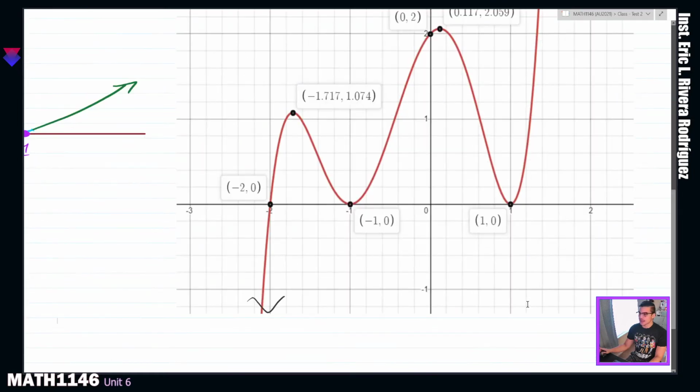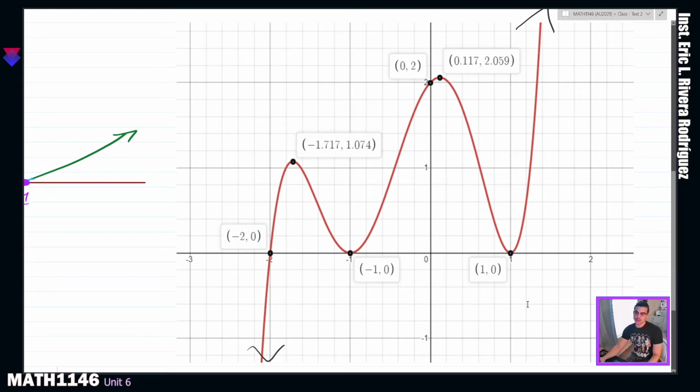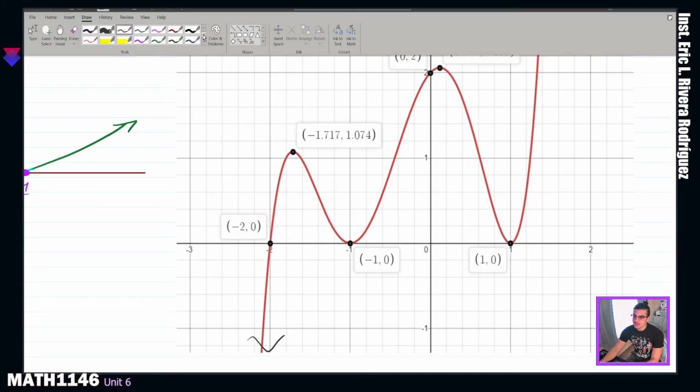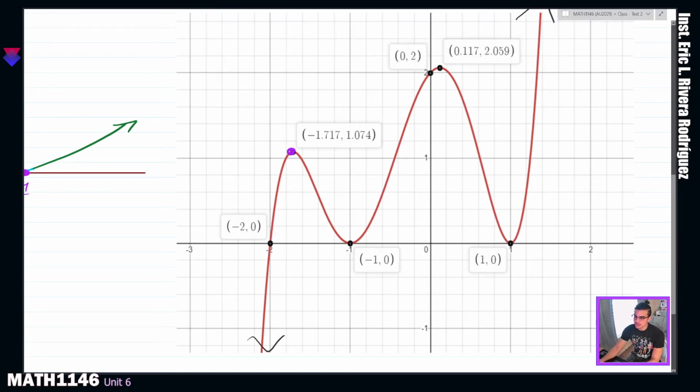Okay, Halima, we could do a few things. We could see the graph, and we can see all these turning points. Okay, so we can count these turning points. 1, 2, 3, 4. That's from the graph. Okay.